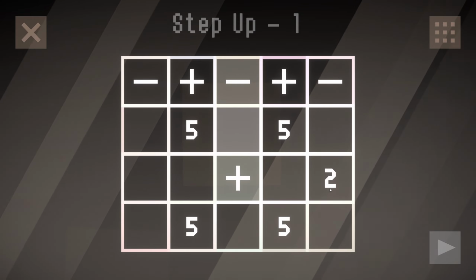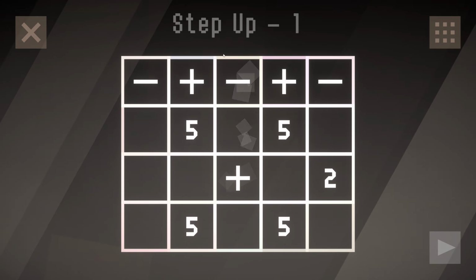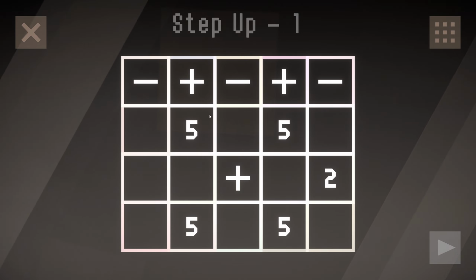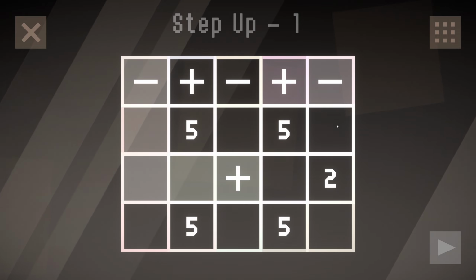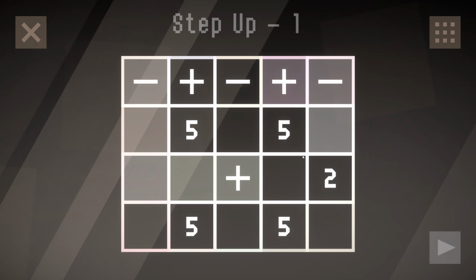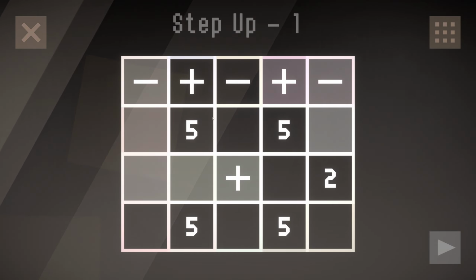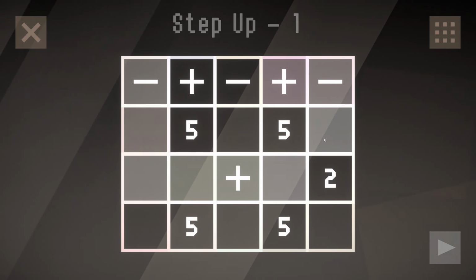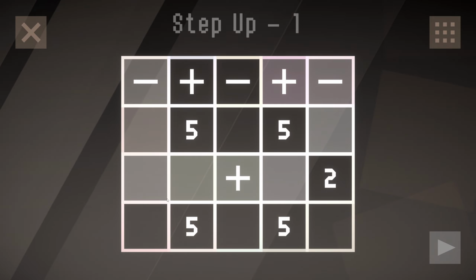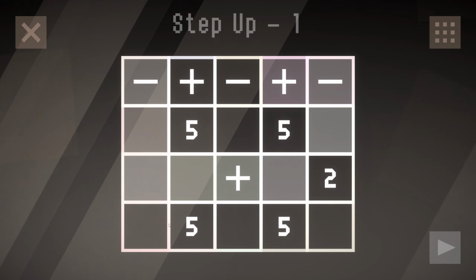Obviously that looks like the simple way to do it, but I've been tricked before. This is 5, but I can't cut that off. I mean, I can, I guess. That's 5. This is 4.